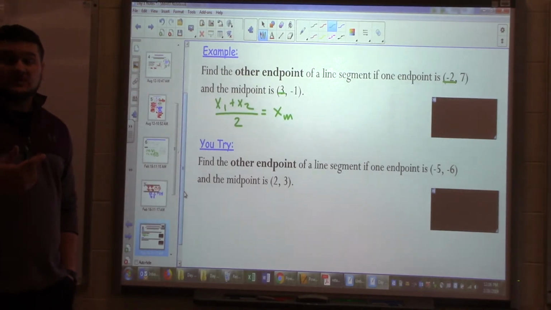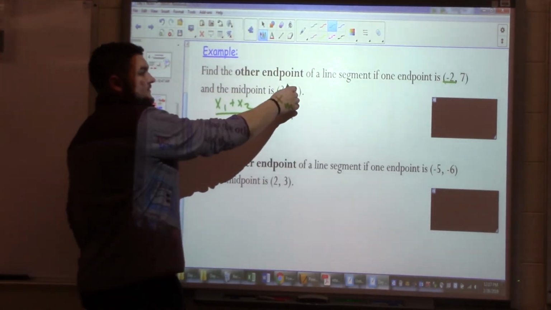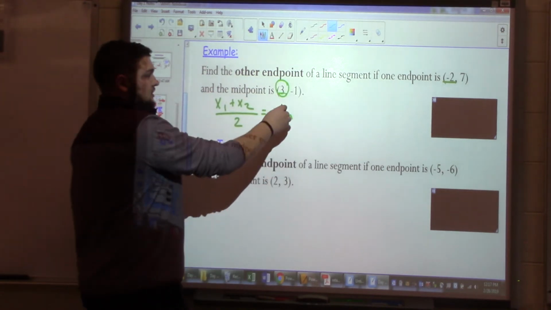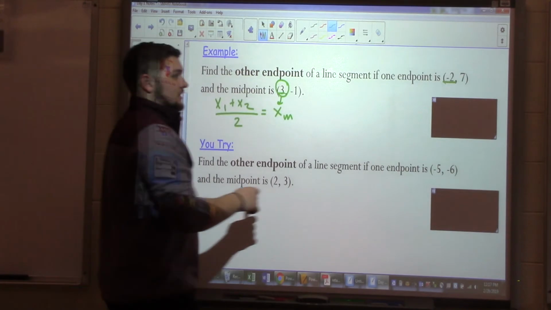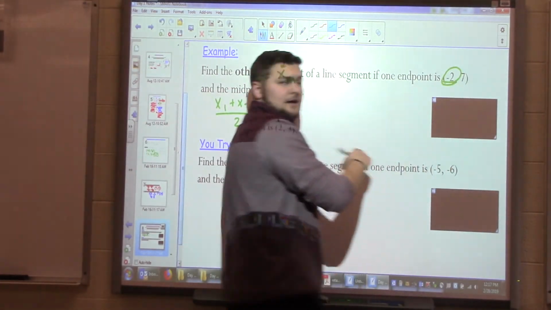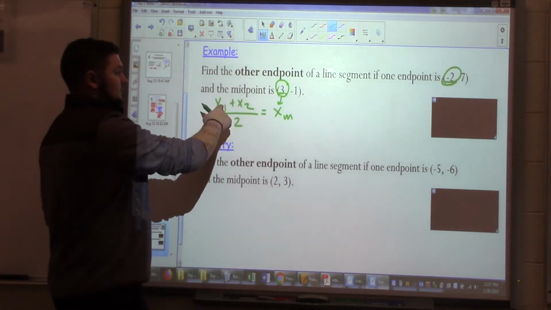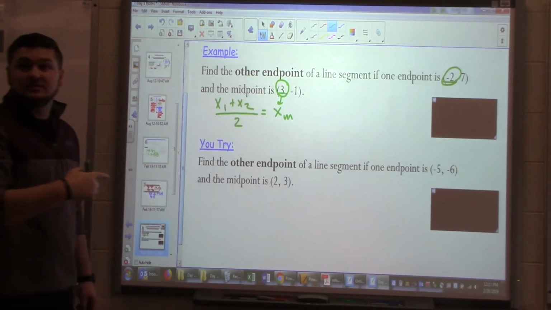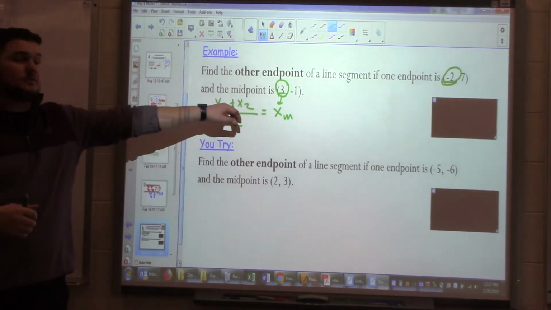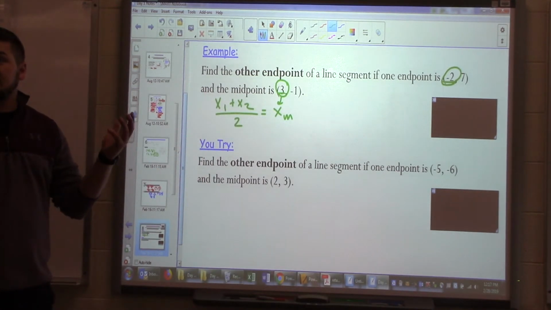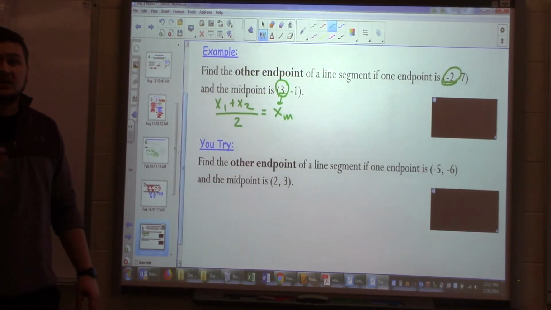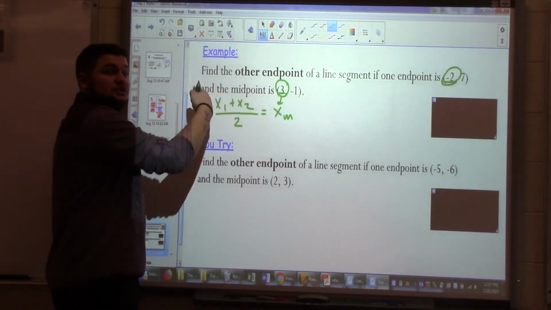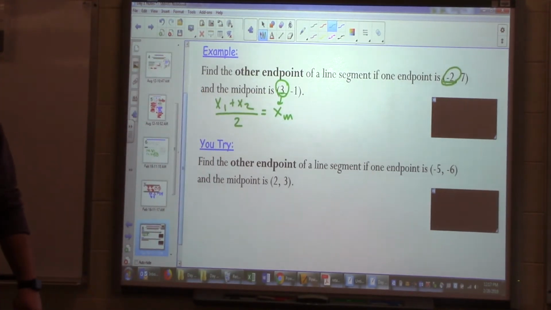So I'm given the midpoint, so I have an x value for my midpoint, which should go right where the x value for my midpoint goes. And I have an x value for one of my endpoints, so I can put that in for either x1 or x2. And then I can solve for the other one, right? Because I want to solve for that second x value. You can put it for either one, because I'm just trying to find that other x value.